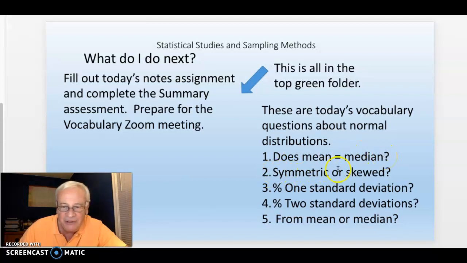Is it symmetric or skewed? What percent is one standard deviation away from the mean? And what percent is two standard deviations away from the mean? And does standard deviation measure from the mean or the median? Those are the 5 questions.